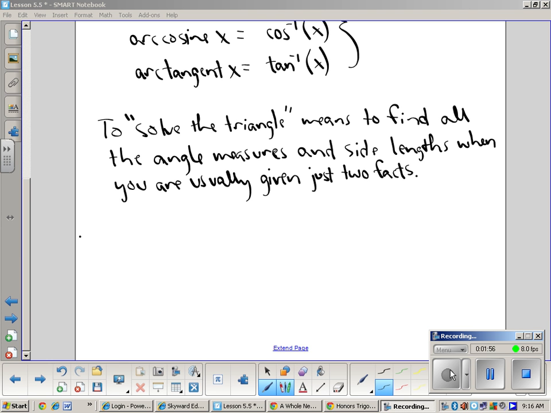So as I said yesterday, you're sometimes asked to solve a triangle. It means to find all the angle measures and side lengths when you're usually given two facts.